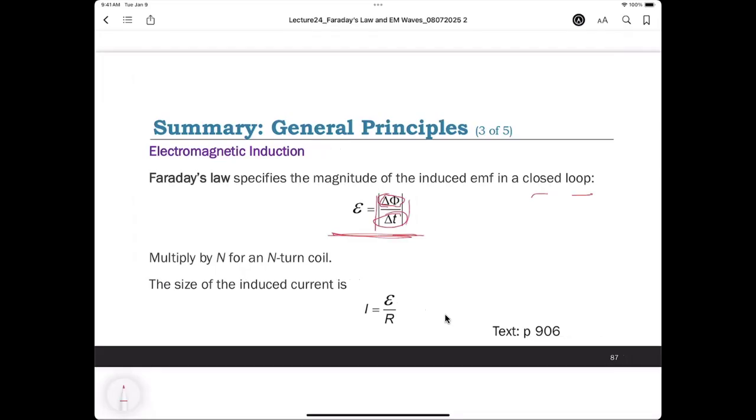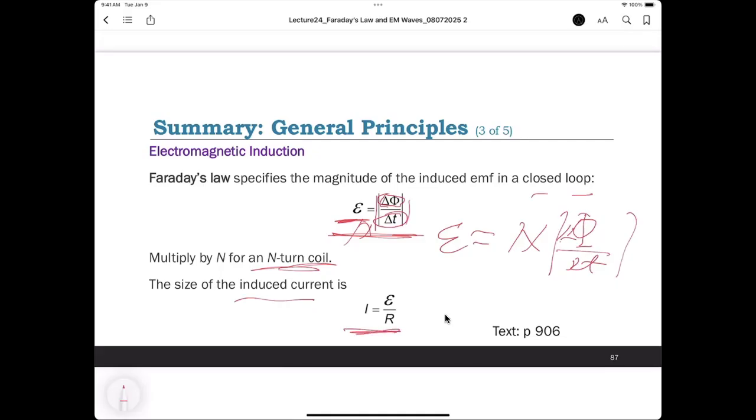If there is a coil with N turns, we multiply by N to get the induced EMF. After we get the induced EMF, we can use Ohm's law to get the induced current.